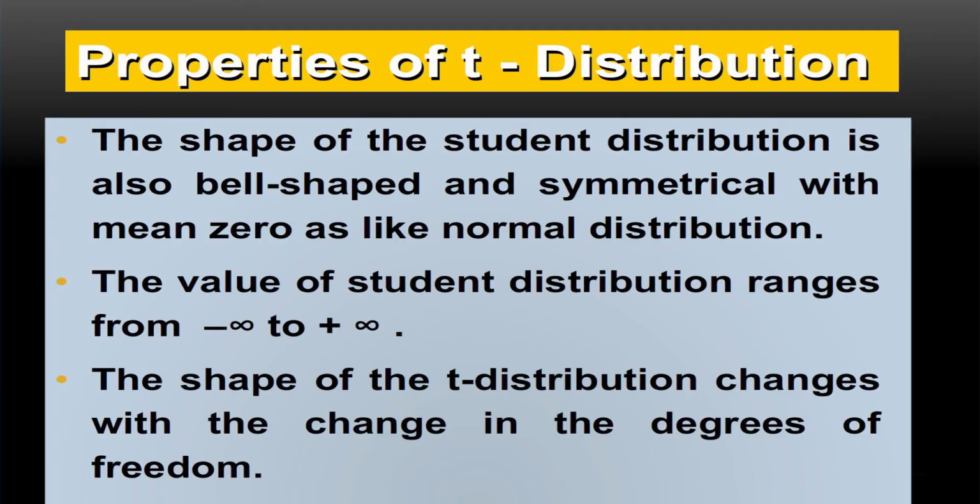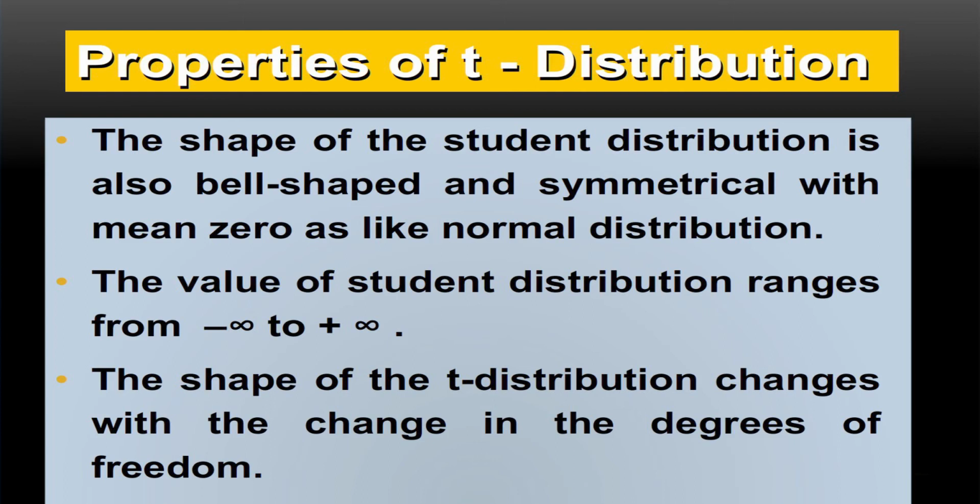Now, let us see some of the properties of t distribution. 1. Like standard normal distribution, the shape of the student distribution is also bell shaped and symmetrical with mean 0. 2. The t distribution ranges from minus infinity to plus infinity. 3.